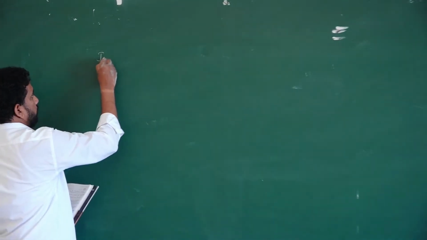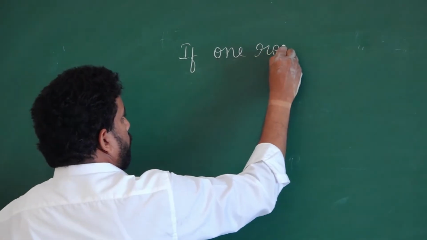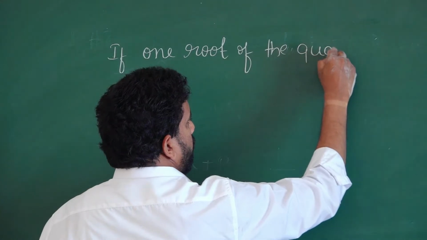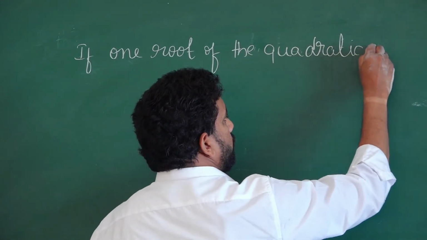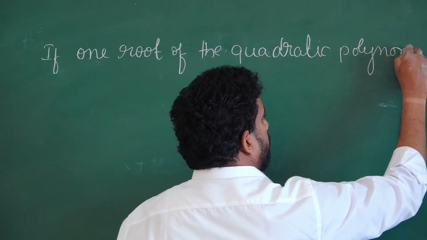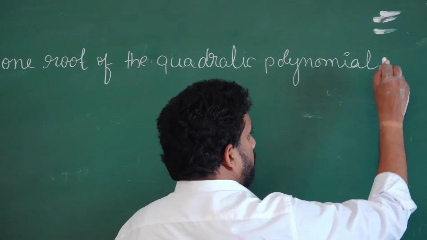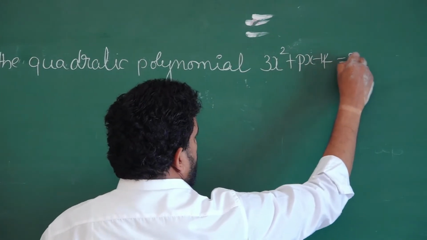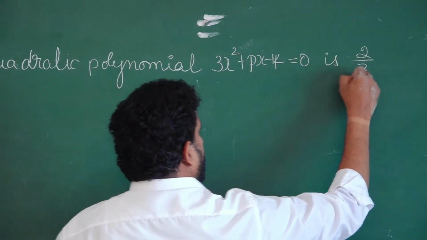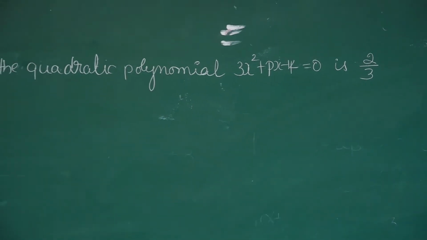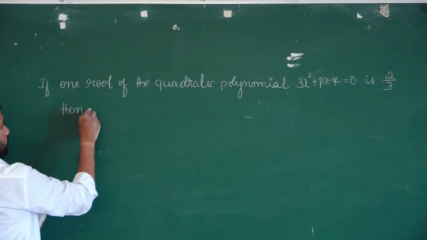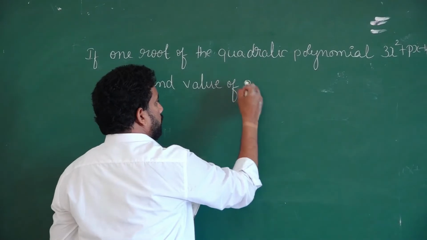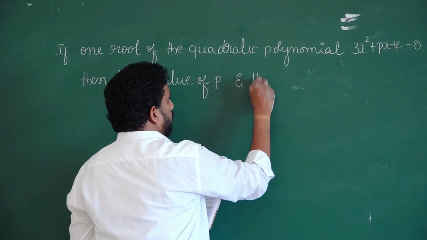If one root of the quadratic polynomial 3x square plus px plus 4 equal to 0 is 2 by 3, then find the value of p and the other root.